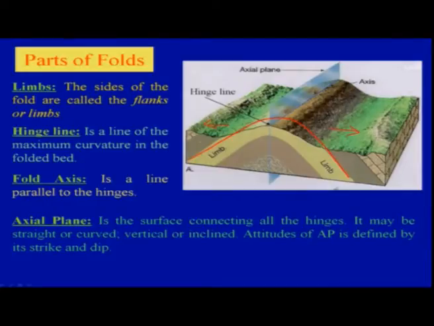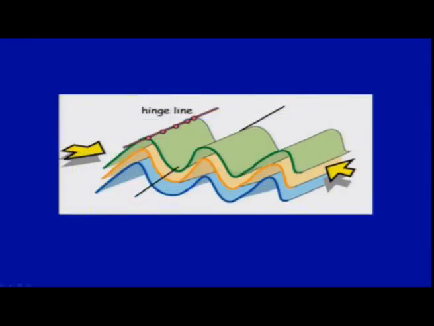And those dipping towards each other, something like this, this one dipping in this direction and this one in this direction, whereas in the anticline the dip directions are opposite to one another, this will be your syncline. So this is your syncline, and this will be your anticline.